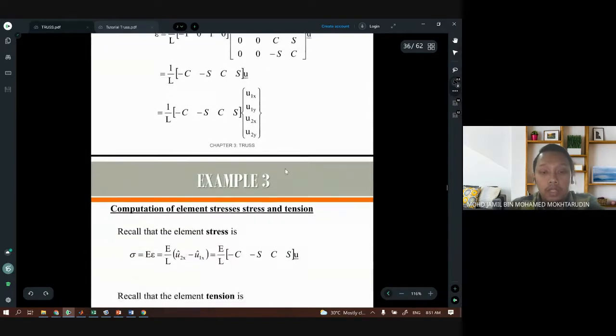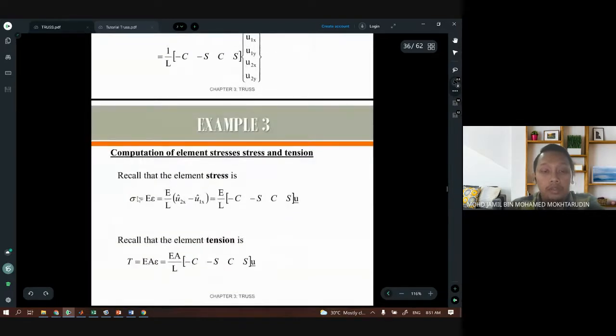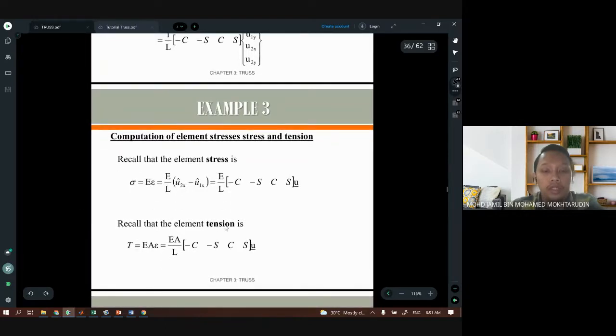Then the next formula is how to find the stress. Stress equals Young modulus multiplied by strain. And to find the tension, T equals Young modulus E times A times epsilon.